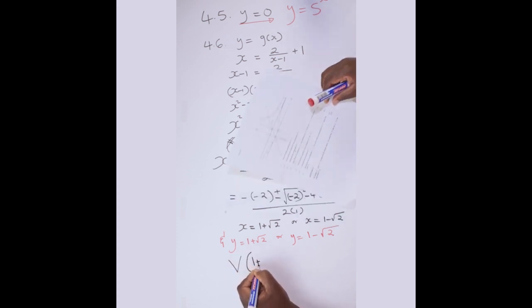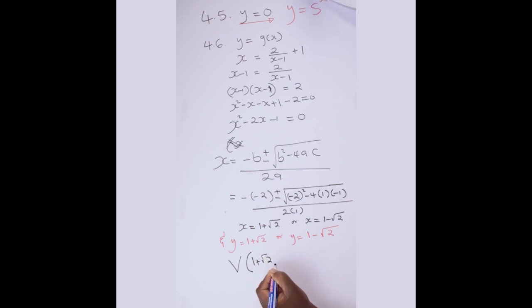So it's 1 plus the square root of 2 for x, and also y is 1 plus the square root of 2. You can actually write this as a decimal. There is no harm in that. And that is the solution to that question. I guess that is clear and everyone can get it.